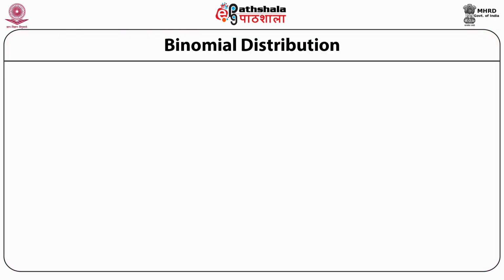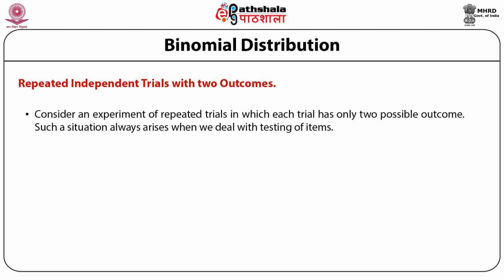Binomial distribution, if we see how it occurs: repeated independent trials with 2 outcomes. Consider an experiment of repeated trials in which each trial has only 2 possible outcomes. Such a situation always arises when we deal with testing of items. Each trial indicates whether the item is defective or non-defective.